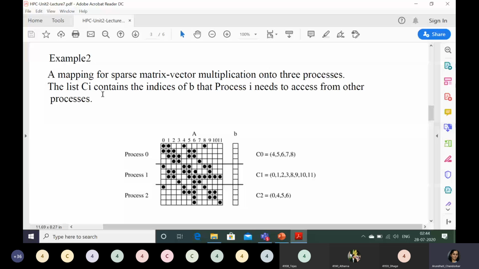List of Ci, so three lists, C0, C1, C2. If you have understood that problem which we had solved in the message passing paradigm, this is nothing for you, students. So just go through it.